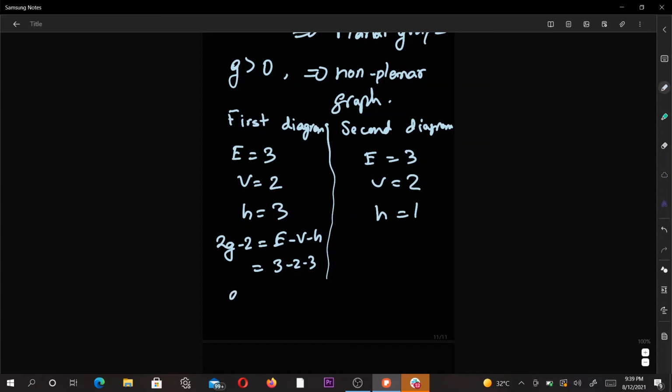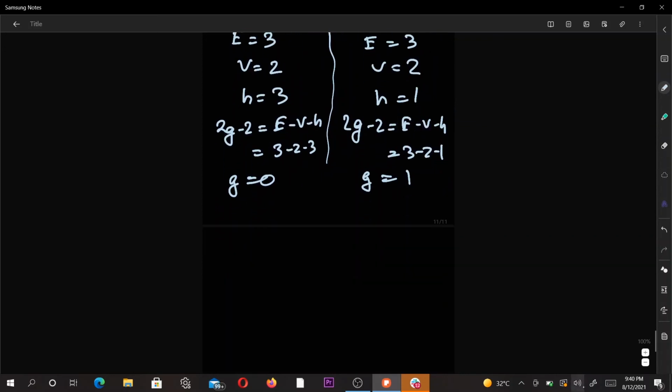If you take the 2 to that side, it's genus 0. Similarly, 3 minus 2 minus 1 gives genus 1. So the first diagram is planar, and the second diagram is non-planar.